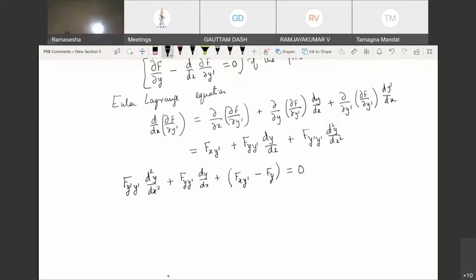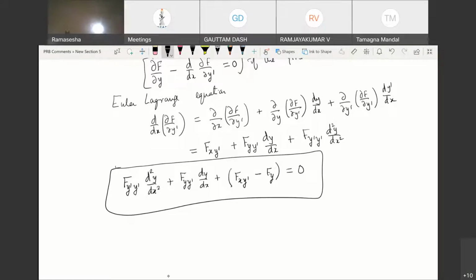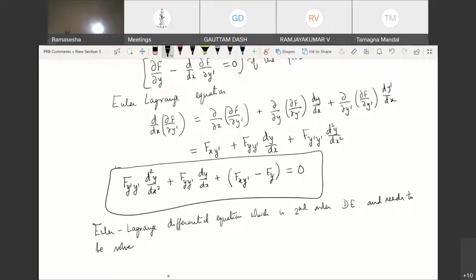So this is the differential equation we have to solve. This is the Euler-Lagrange equation, which is a second order differential equation, and needs to be solved to obtain the minimizing function.